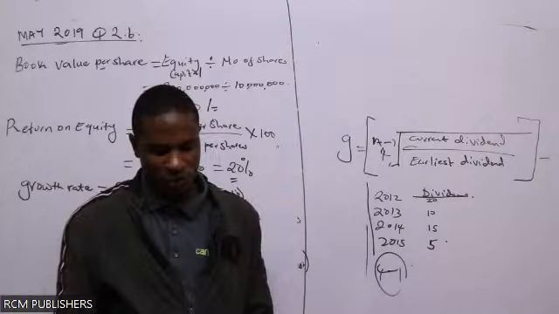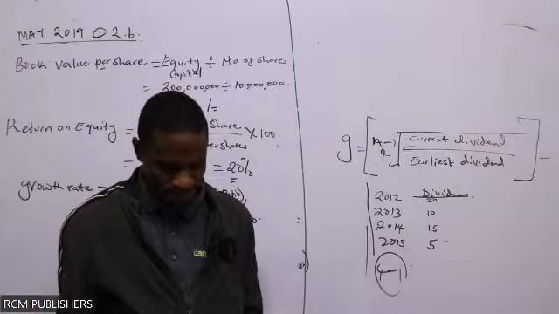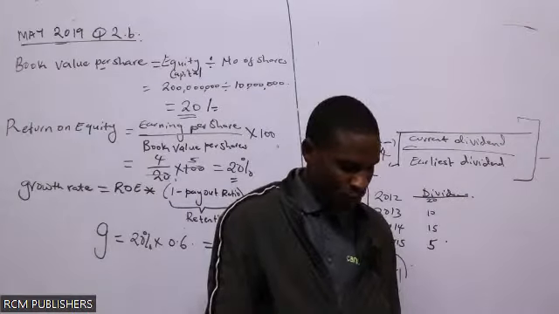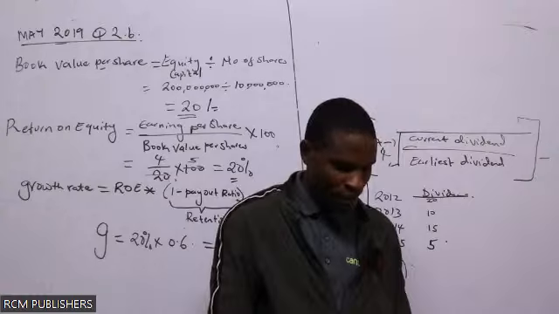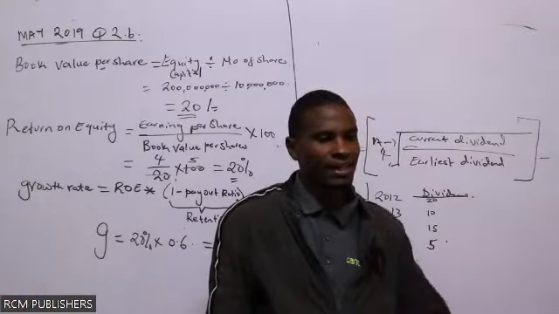Let's look at that question again. That the firm has an equity capital of 200 million with a minimum required rate of return.